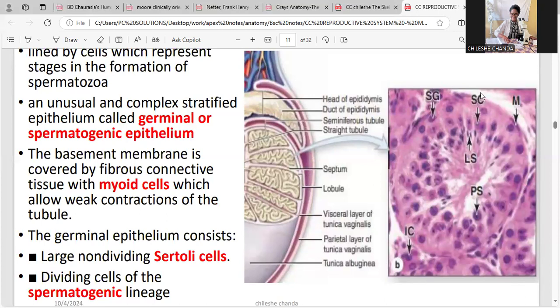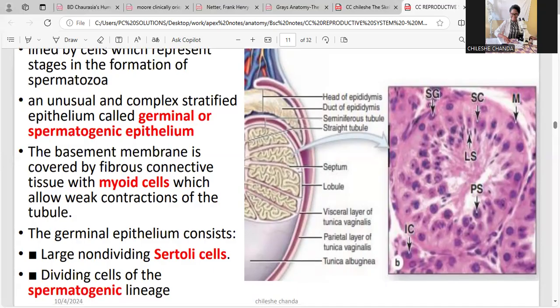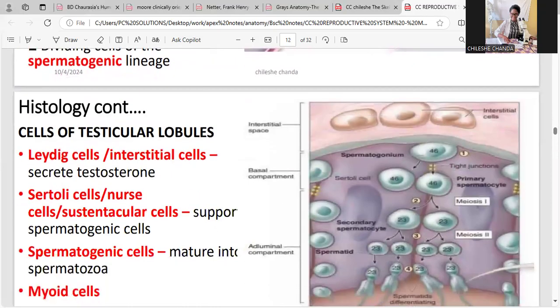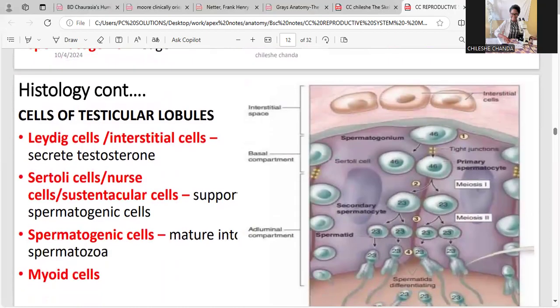But in between here, we have loose connective tissue in which we find another form of cells, and those are known as Leydig cells. The other name for Leydig cells is interstitial cells.